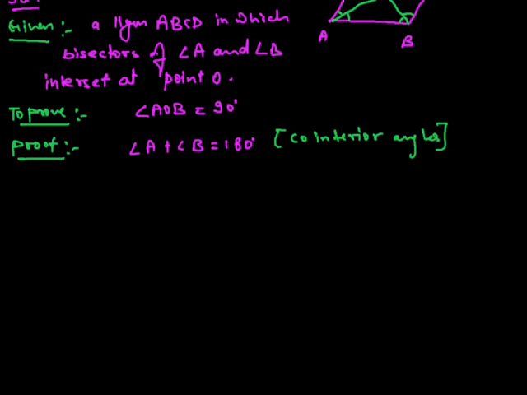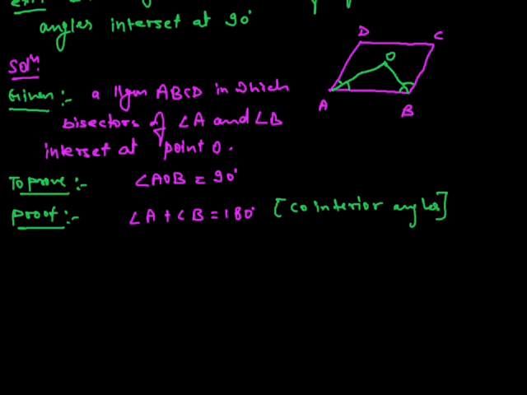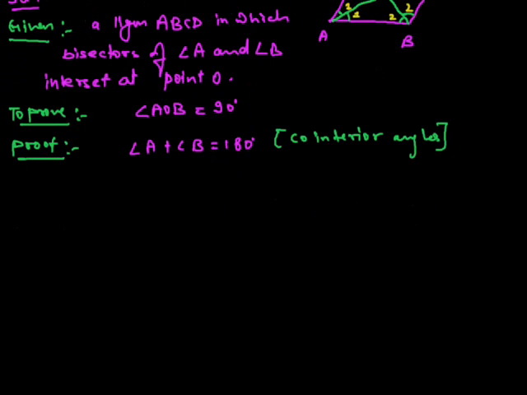Now let us mark here angle 1 and angle 1, angle 2 and angle 2. We can write angle A, which is twice angle 1, plus angle B, twice angle 2, is equal to 180 degrees, because OA is the angle bisector. Complete angle A is equal to twice angle 1.